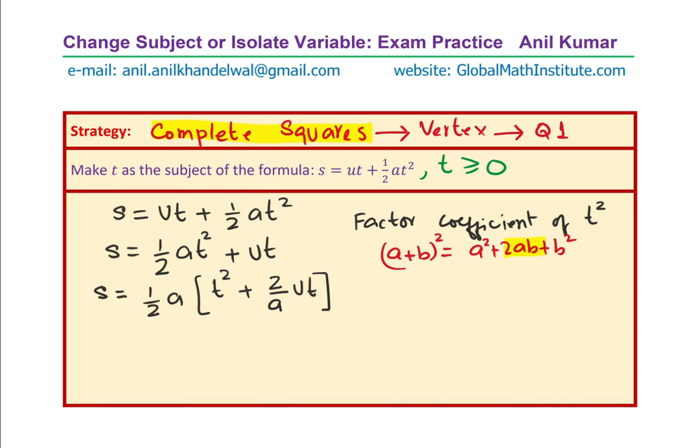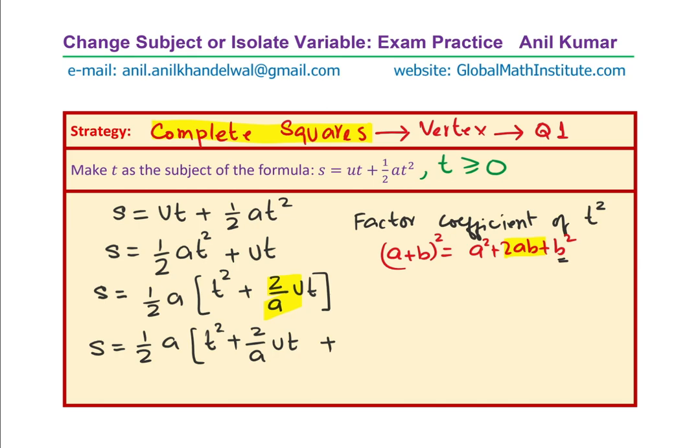So taking half of this value can help us make the expression in the brackets a perfect square. So that is the strategy. So we'll write this as s equals half a (t square plus 2 by a ut), and we are adding, since we want that, as b. Do you understand? So b is half of the coefficient of this.